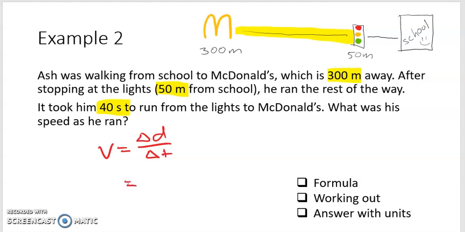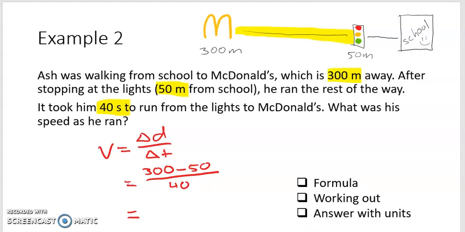But now we have a separate step because we need to calculate that change in distance. So to work out the change in, you do the final distance minus the initial distance. So in this case, it's 300 minus 50. Then we substitute in our time as well.